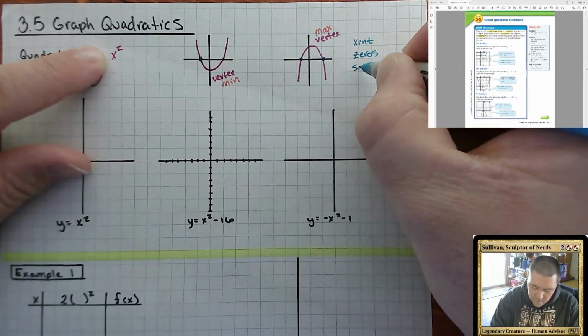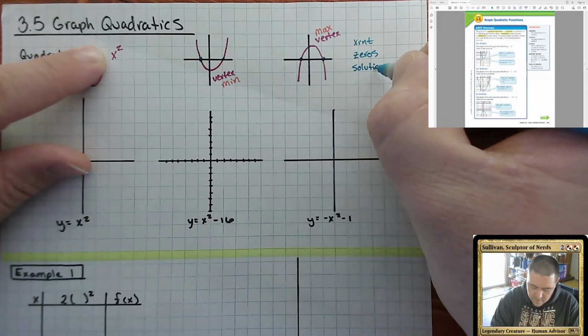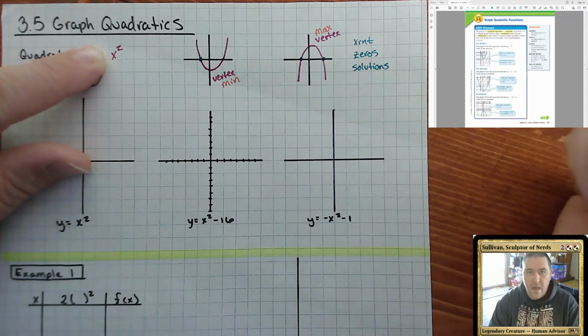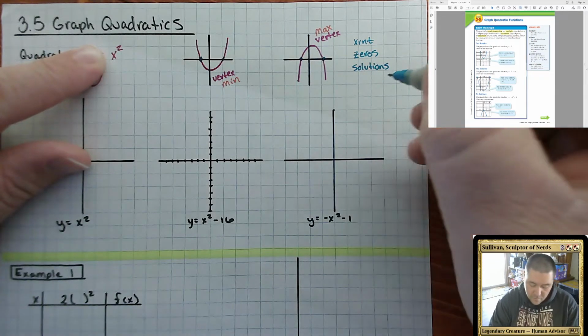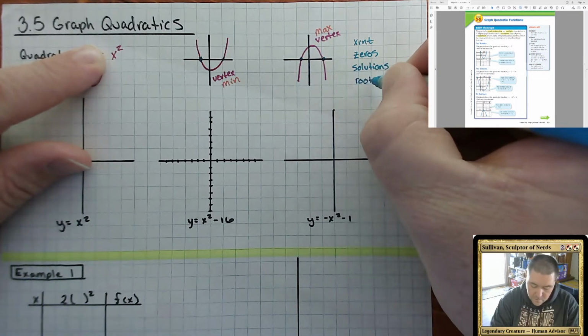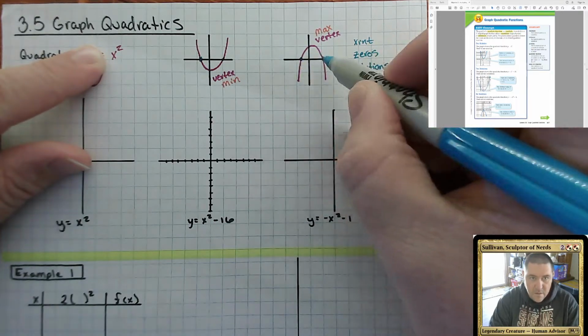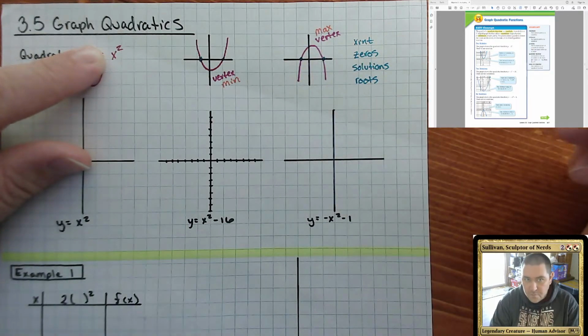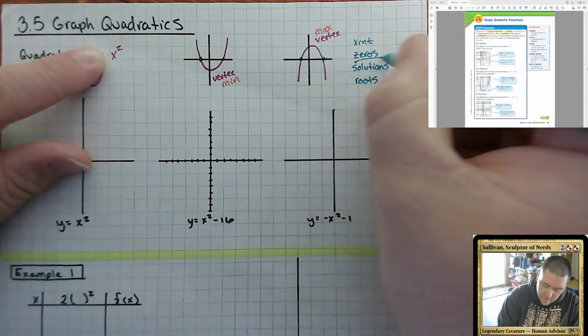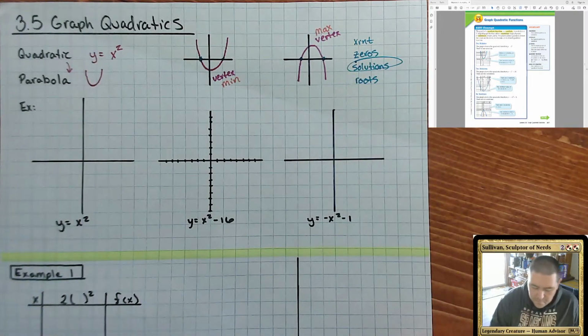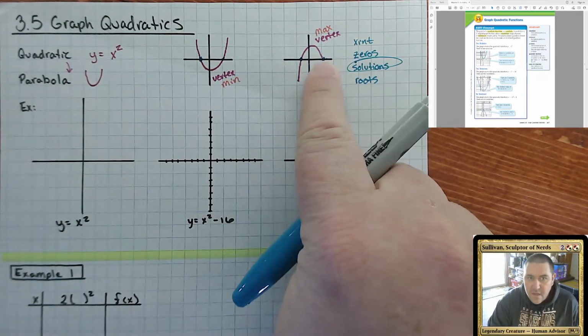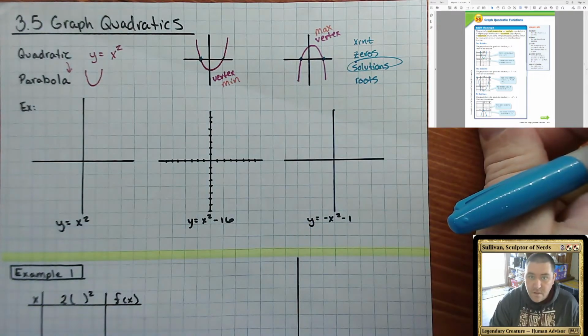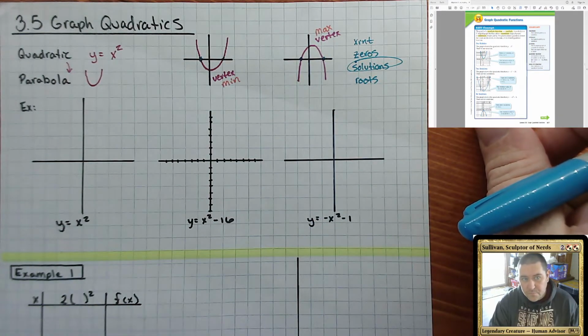So we also call these solutions. And later when you do some really funky stuff with them, they're called roots. So these X-intercepts got a bunch of different names. What we're going to focus on today is solutions. Since this hits the x-axis twice, I'll say that it has two solutions.